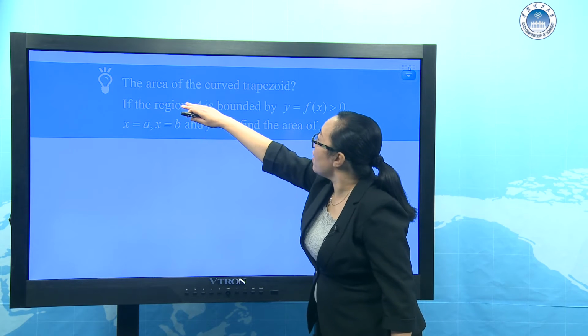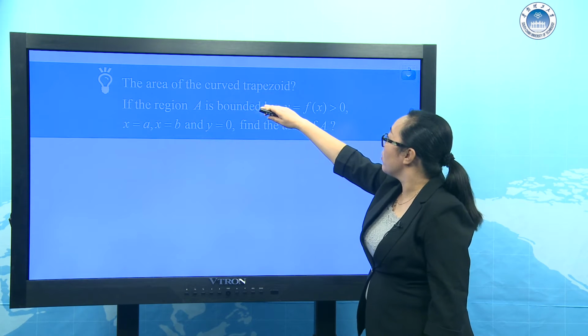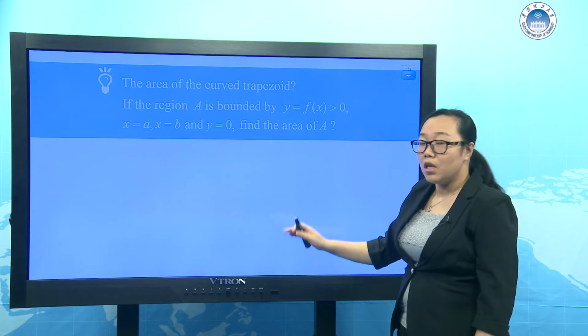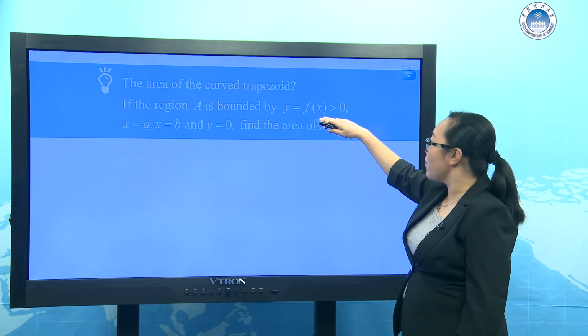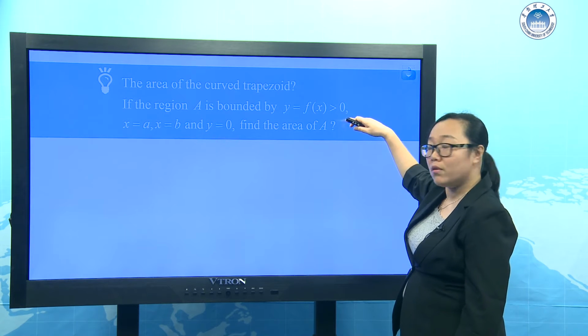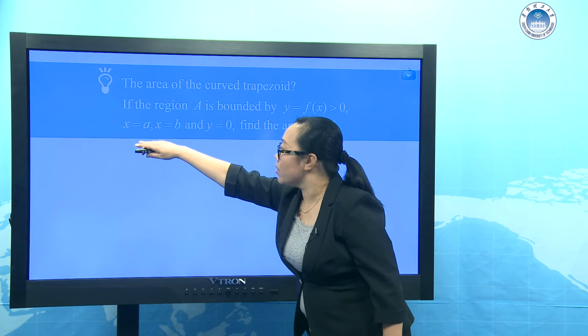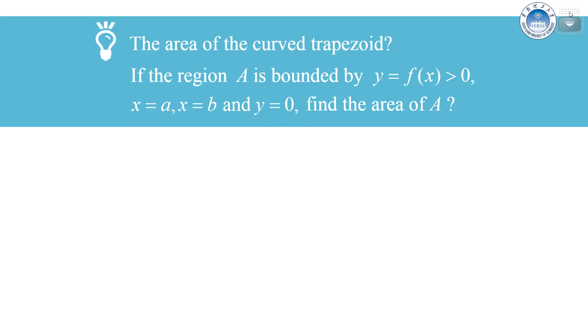Try to find the area of the curved trapezoid, where the region A is bounded by y equals f(x), which is positive, x equals a, x equals b, and y equals 0. Sometimes y equals 0 is exactly the x-axis.